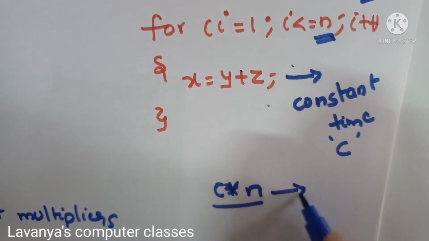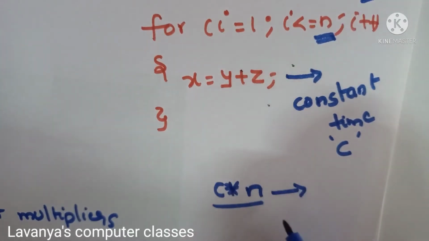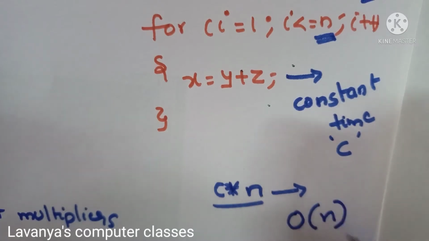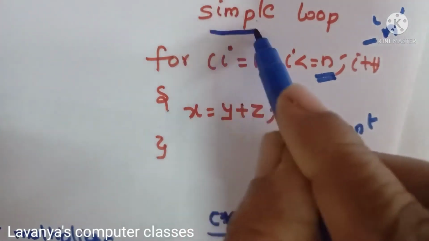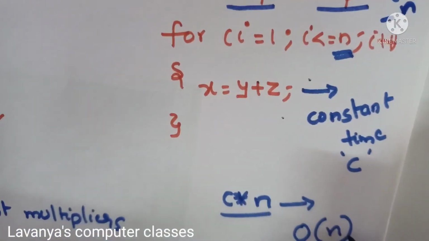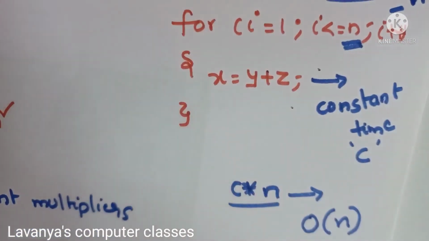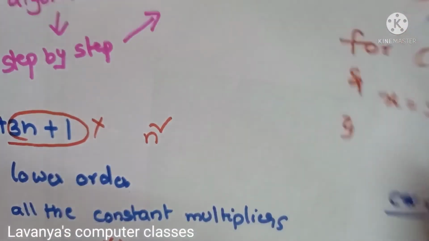What is the time complexity of this? That is called big O of n. So that is the time complexity of any simple loop. Constant time and for loop n times. So big O of n is the time complexity for executing any simple loop.